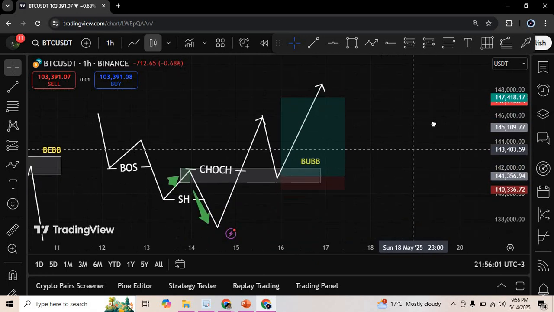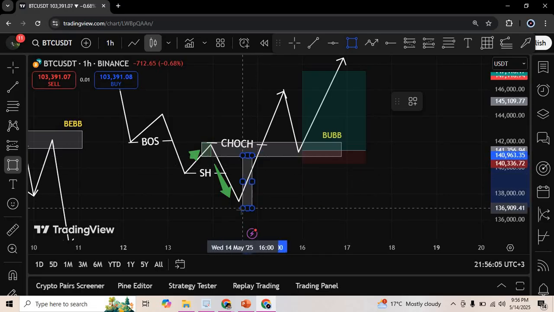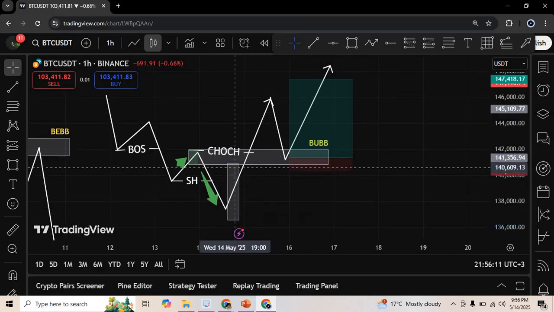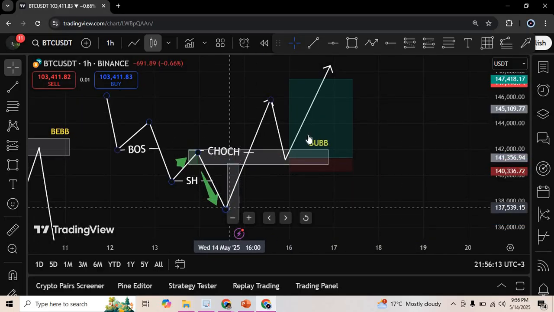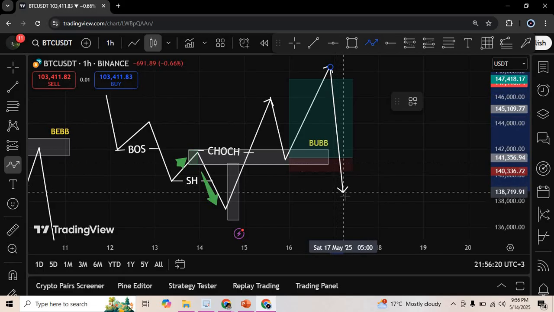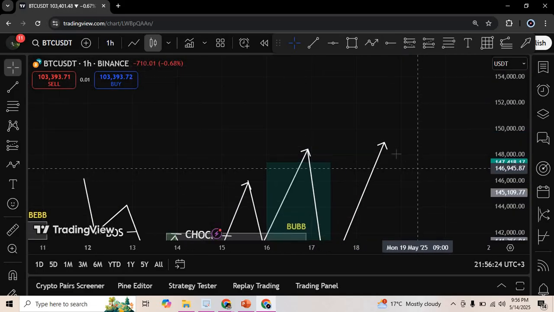But remember, this leg right here is the Quasimodo level. This leg is where we are having our Quasimodo level. So the ultimate buy will come from the Quasimodo level. Any POI on this leg will be a Quasimodo level. So the ultimate buy will come from that zone and all the way up there.